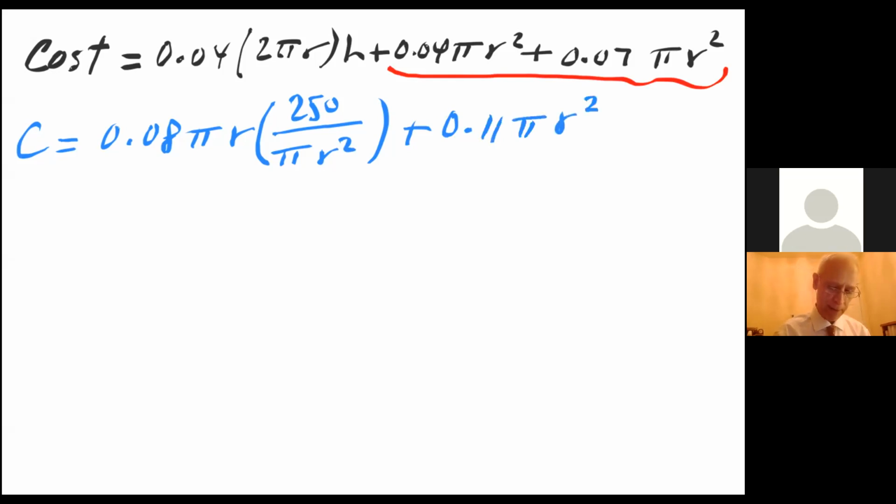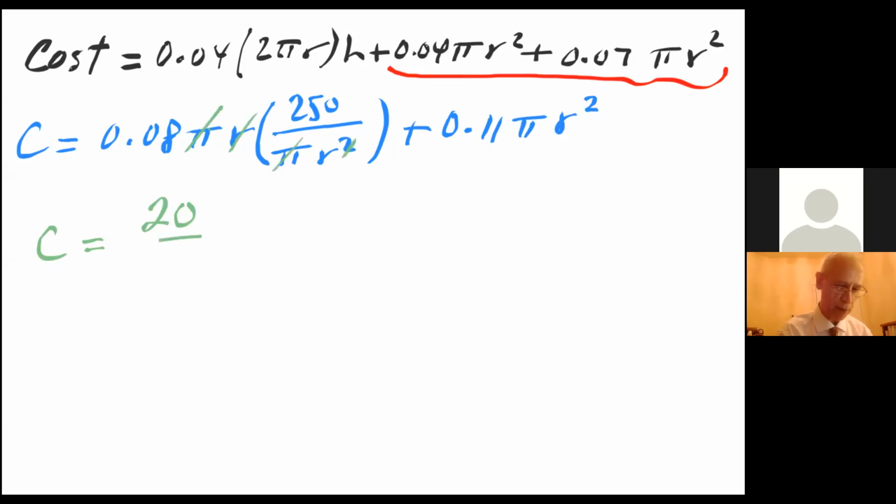Okay, I can simplify a little bit. So I have cost equals 0.08 times 250. Just to double check, 250 times 0.08, okay, 20. So this pi cancels this pi, this r cancels this second power.